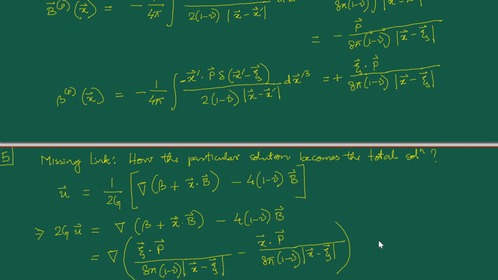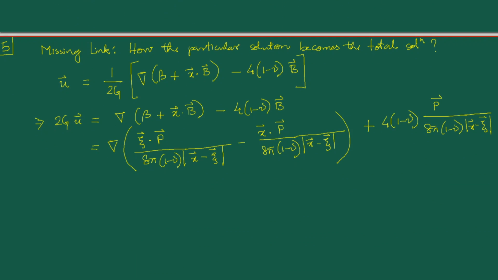And I also have this minus 4 into 1 minus nu, and there is this b vector which is this, so there is a plus here, then p vector divided by 8 pi 1 minus nu x vector minus xi vector.